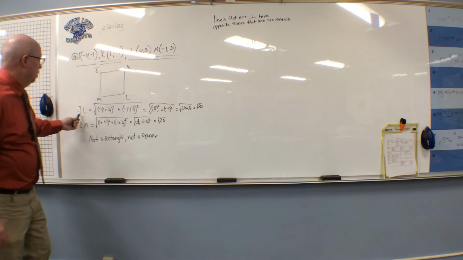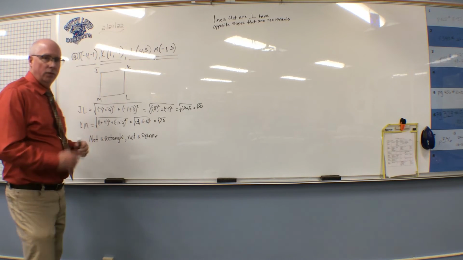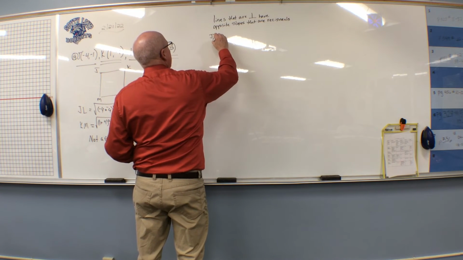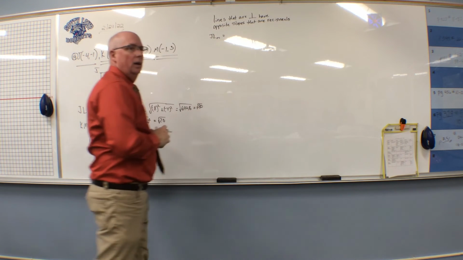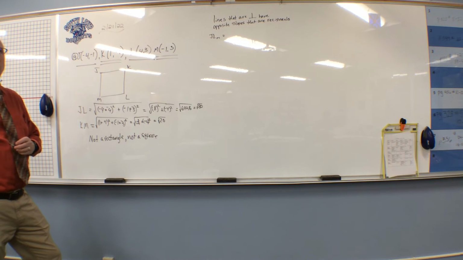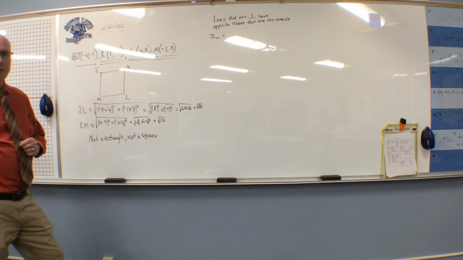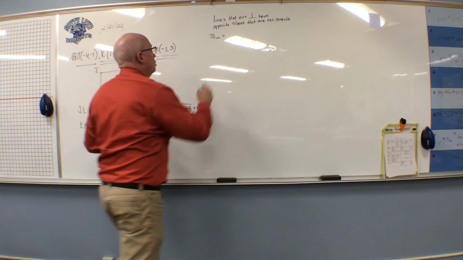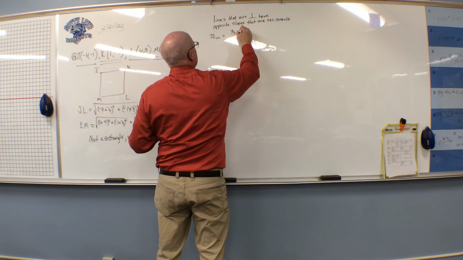So what I'm going to do is check JL and KM for their slopes. So JL, and I put a little m here. What does the little m stand for? Not measure. It stands for slope. Remember, little m is slope in Algebra 1? y equals mx plus b. So it's change in y over change in x.